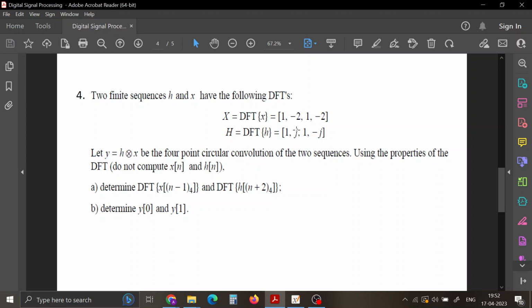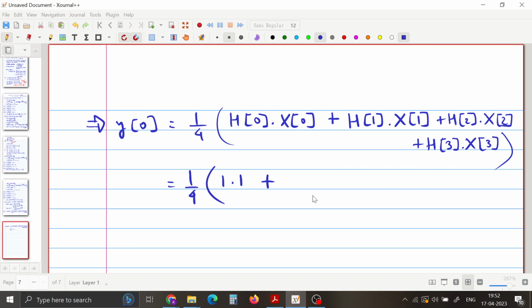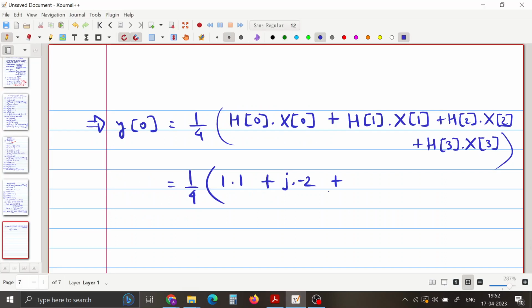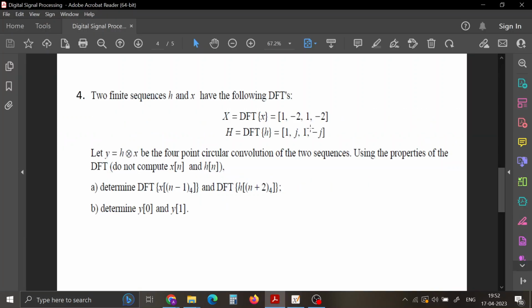So it is minus 2 and j, so j times minus 2, plus now the third element, pointwise multiplication of the third element, again both are 1, so plus the last, so minus 2 and minus.